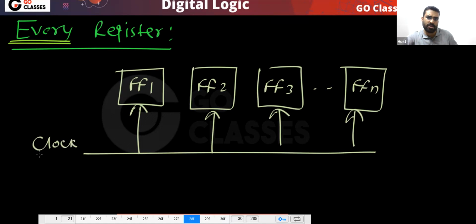The same clock applies to all the flip-flops. This happens in all the registers. This we have already seen.